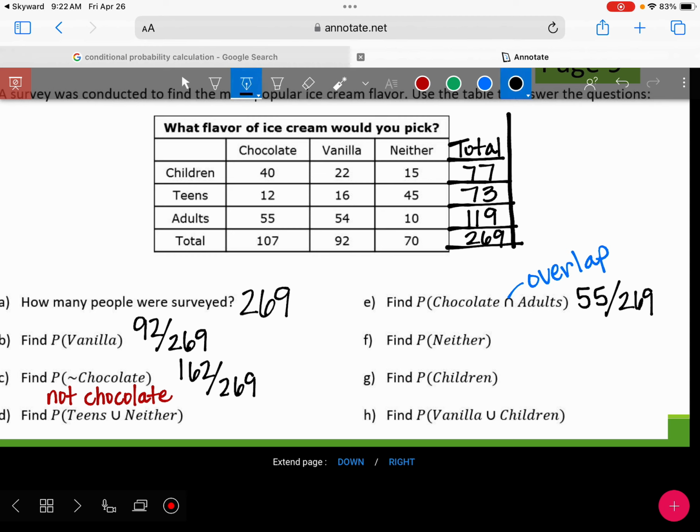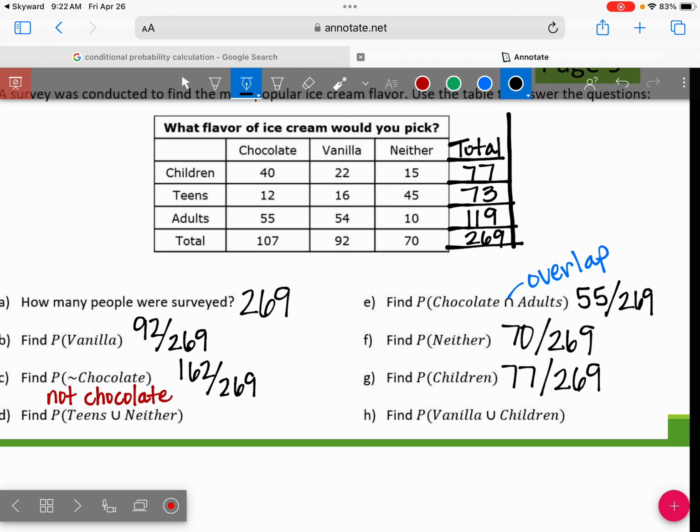So that would be 70 over 269. All right, what about the children? How many children did they survey? In total, how many children did they survey? 77 out of 269.